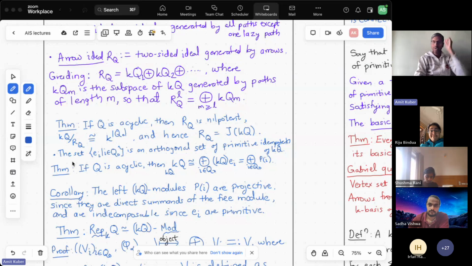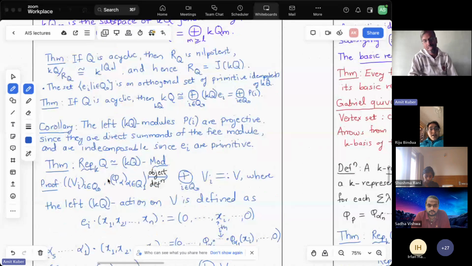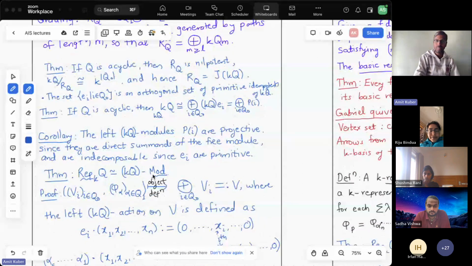So I'm talking about this interchangeability between the terms representation and modules. If you are given a representation, which recall is simply a vector space at each vertex, and for every arrow a linear map between those vector spaces, then how do you construct the KQ module?